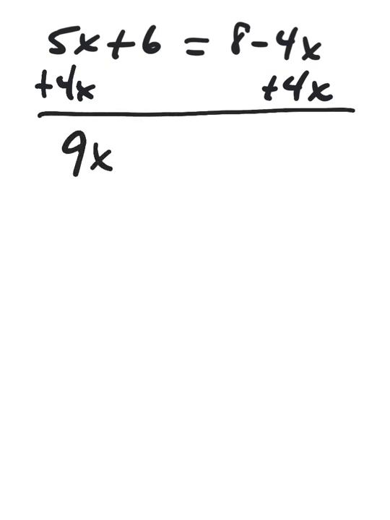This collects all the x terms to one side. Whichever side you put your variable terms on, the constant terms should go to the other side. We can do that by subtracting 6.